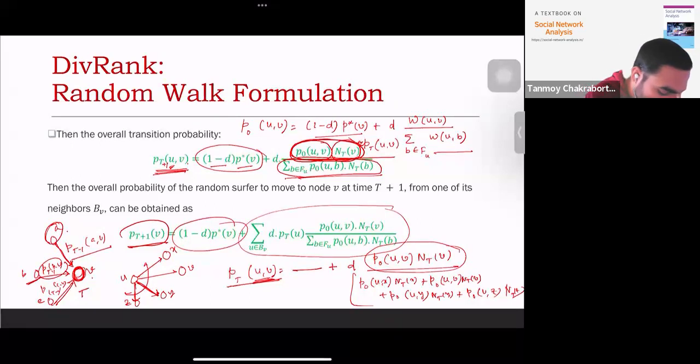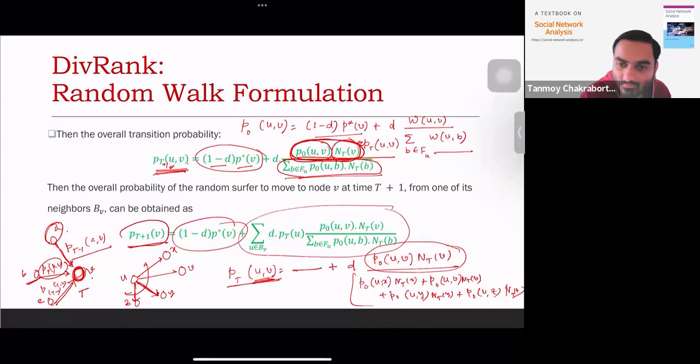So this is the prestige of v at time t+1. This prestige at time t+1 will be used at time t+2. So transition probabilities are time dependent, which again makes the importance of nodes time dependent, and so on and so forth.